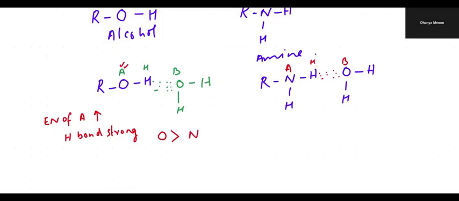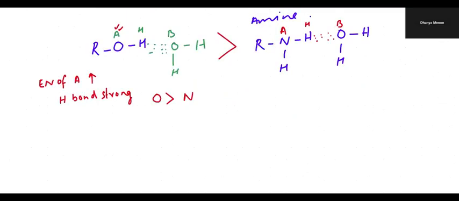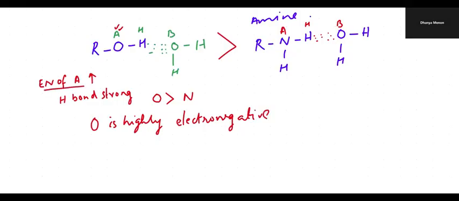So definitely alcohol has stronger hydrogen bonds than amine, because oxygen is highly electronegative compared to nitrogen. And if electronegativity of A is more, hydrogen bond is stronger. In this case, A is either oxygen or nitrogen, and oxygen is higher.